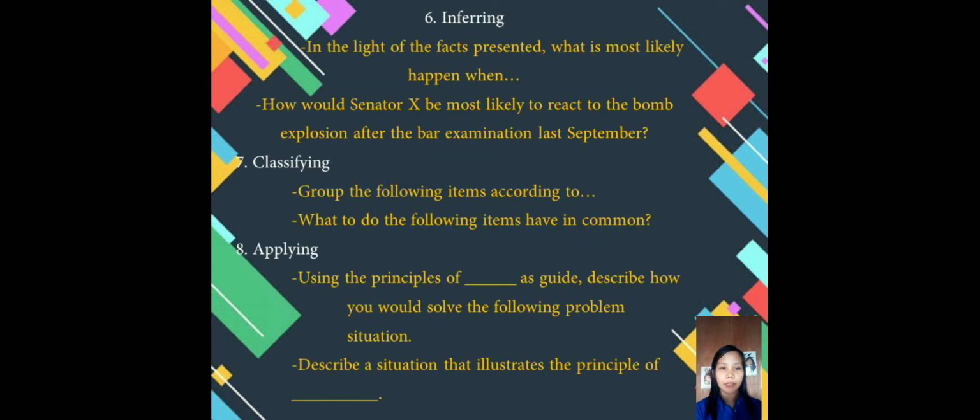Number 7. Classifying. In a classification essay, we organize things into categories and give examples of things that fit into each category. For example, if you choose to write about types of computers, each of your developmental paragraphs will define the characteristics of a different computer type.